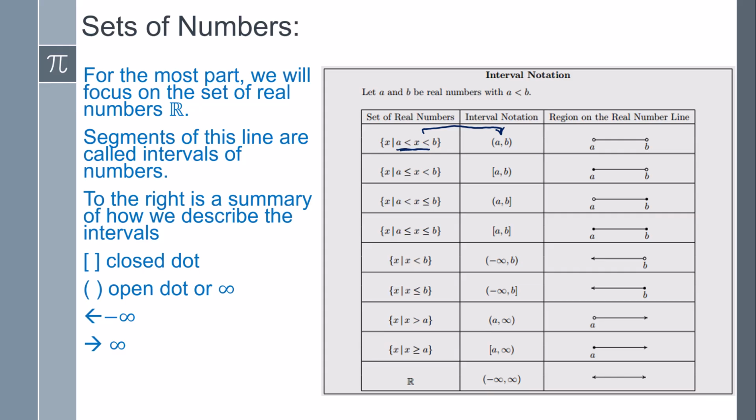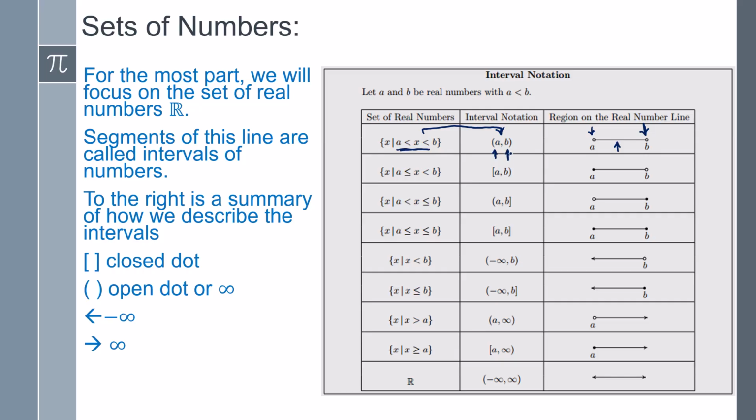Now the problem is when we have a line segment, no matter where we start, let's just say here at A and we end here at B, there is technically an infinite number of values in between. Now do we want to write those infinite numbers out? No. So what we do is we use notation to define where it starts and where it ends.